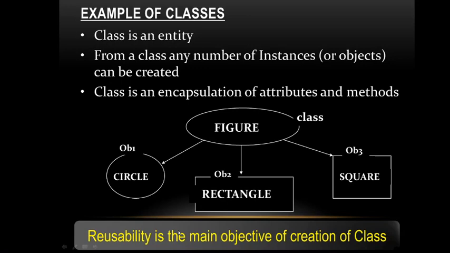That means if a programmer writes any program, that program can be reused by that programmer or any other programmer of the world. That is a very good facility in object-oriented programming.